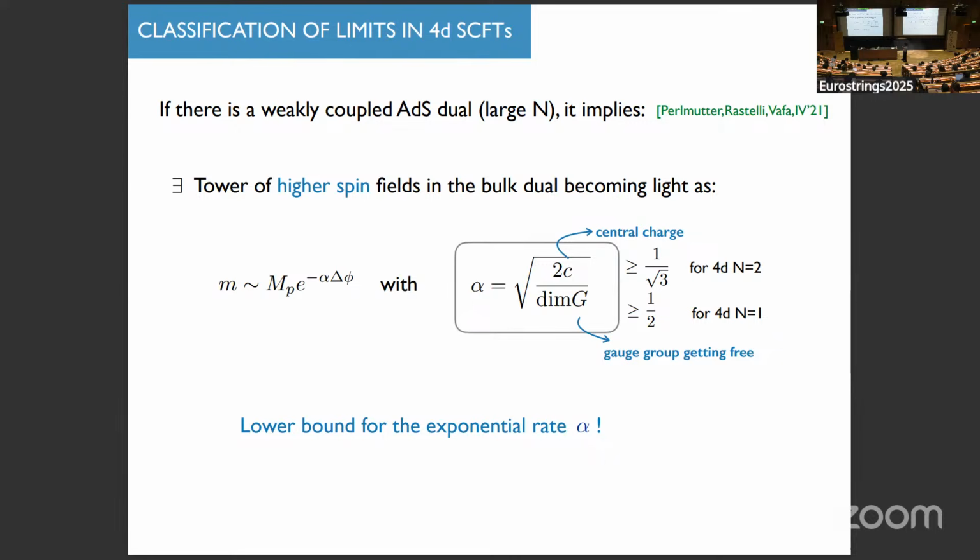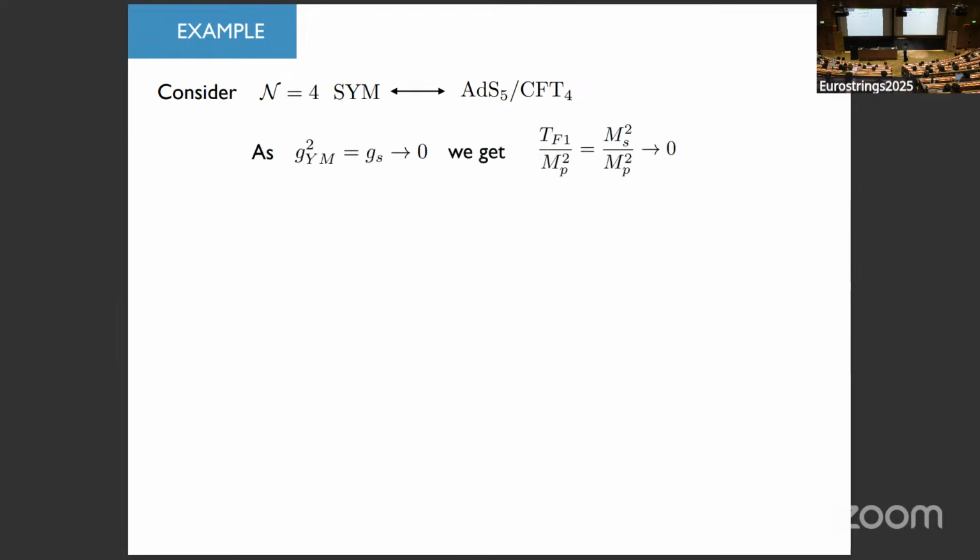Okay, good. So this is the general result for the exponential rate. What do the higher spin states correspond to in the bulk? Let me first show it in the canonical example of N equals 4 super Yang-Mills. Here, when the gauge coupling goes to 0, we are sending g_s in the bulk to 0.